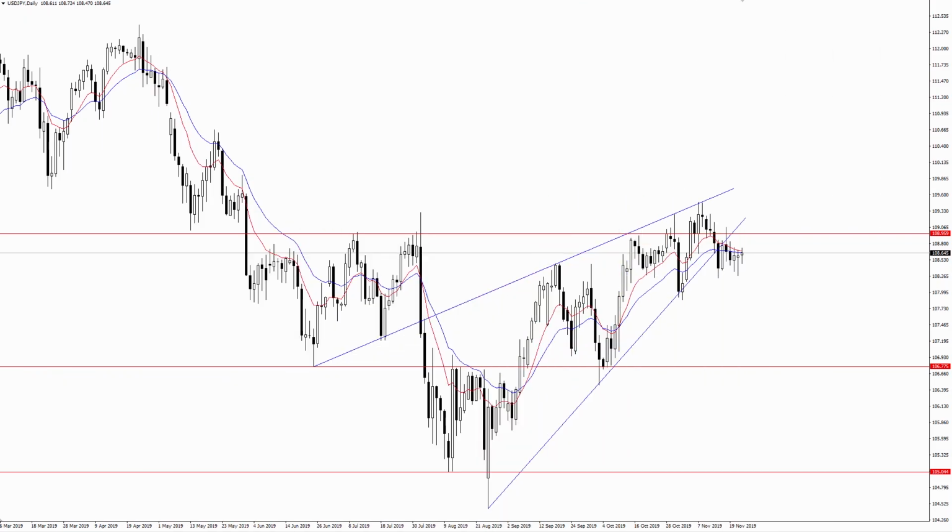Next, we have the US dollar versus the yen, or USDJPY, and this pair has been incredibly indecisive recently. We had been talking about this rising wedge based on this high right here and this support area. Notice how on this candle, the pair did confirm this rising wedge with a close below support.